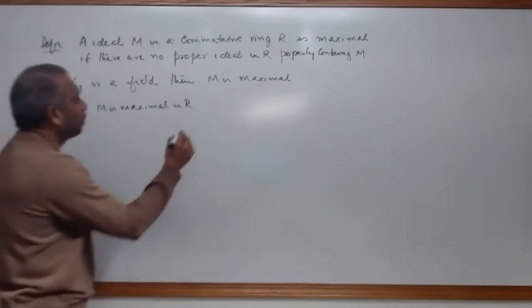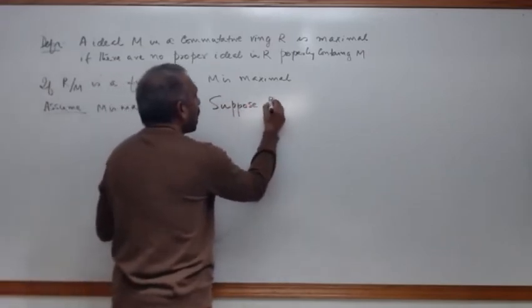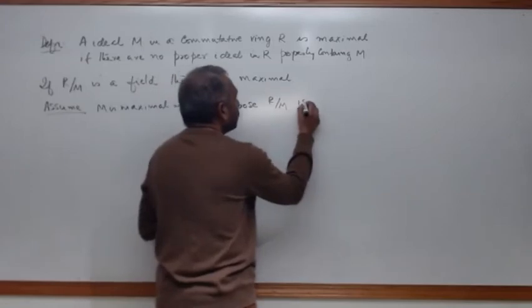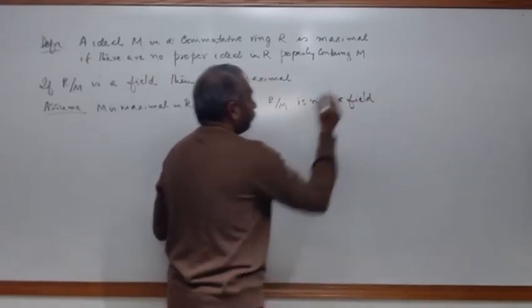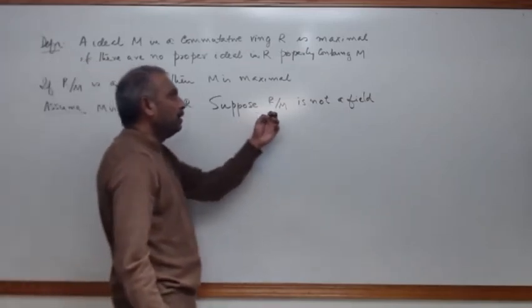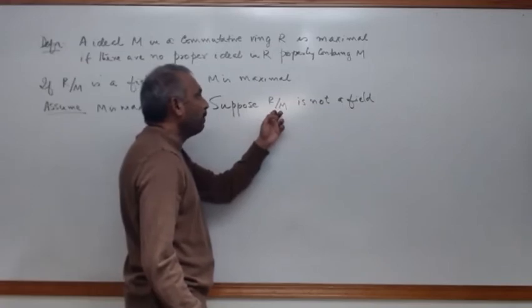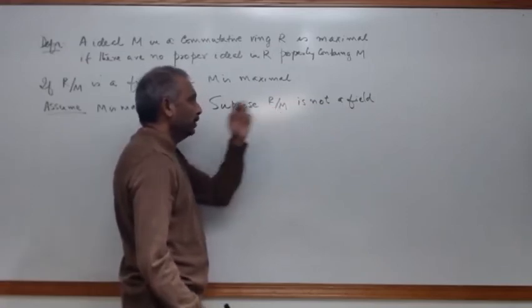So suppose R by M is not a field. And what does that mean? If it is not a field, definitely we will have an element that does not have a multiplicative inverse.